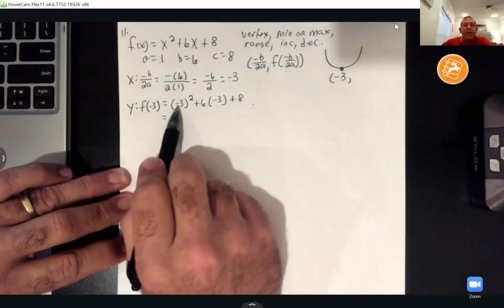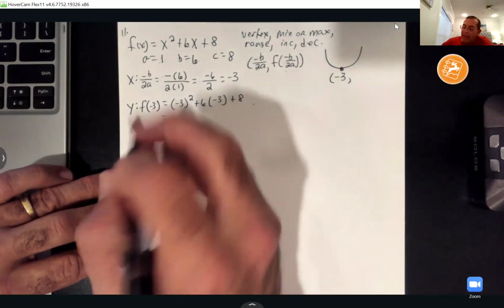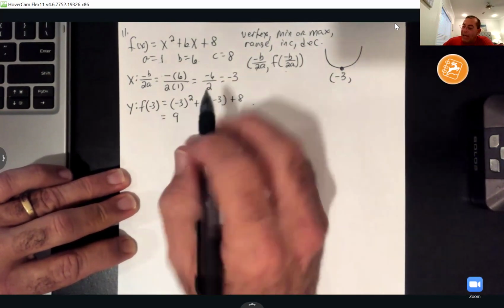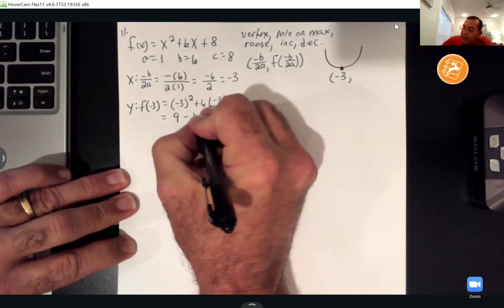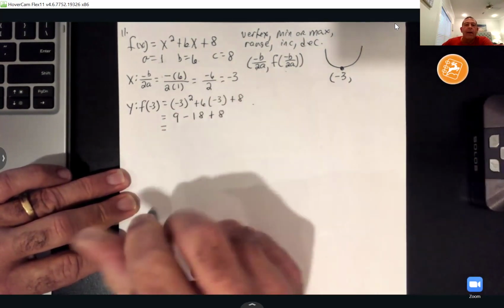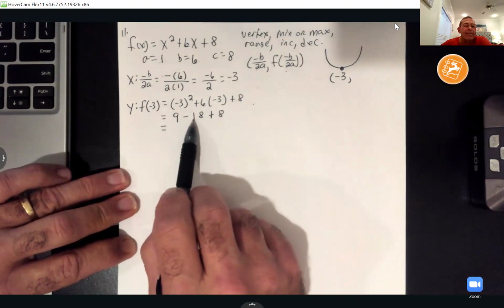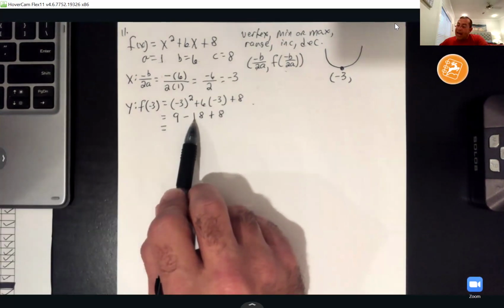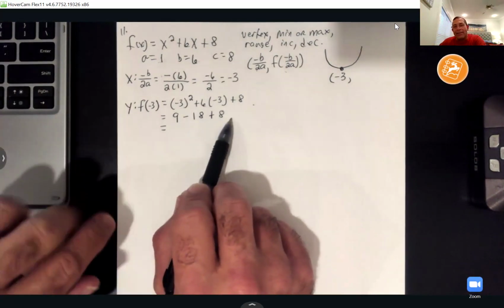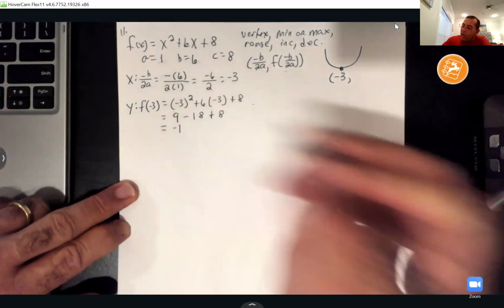All right, y'all, let's see. Negative 3 times negative 3 gives me a 9. Here I got 6 times negative 3, which is a negative 18, and then plus our 8. Adding this together, 9 minus 18 is negative 9, and that negative 9 plus 8 gives us a negative 1.